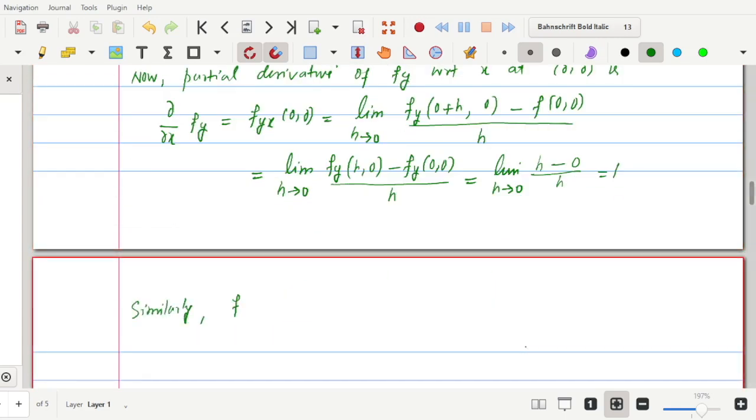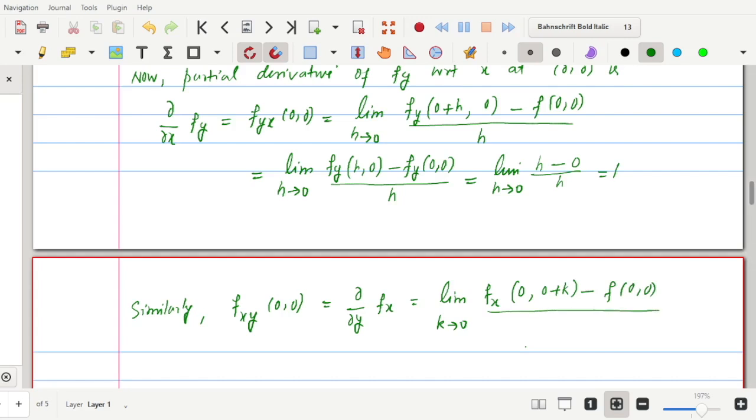Similarly, like this fxy at (0, 0), which we can also write as del by del y of fx, which we can define as a limit k tends to 0, fx(0, 0 plus k) minus fx(0, 0) whole divided by k.